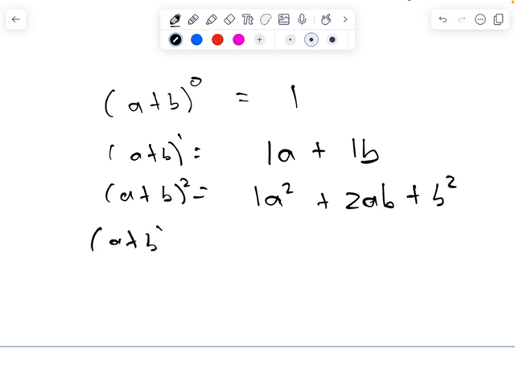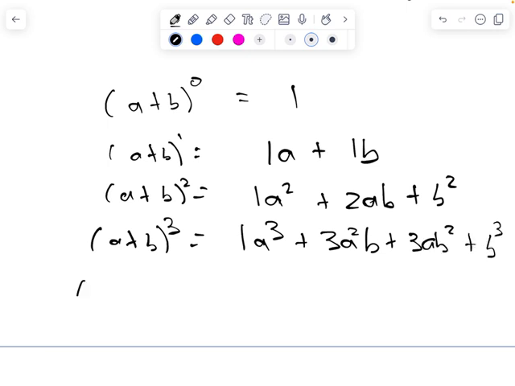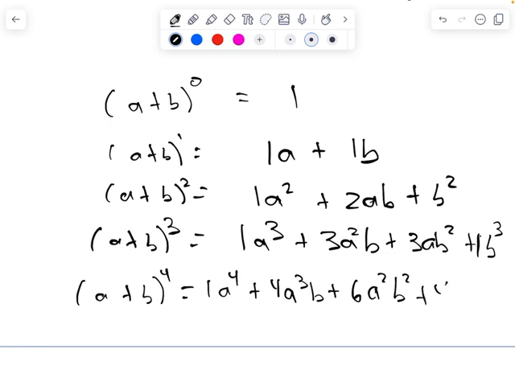A plus b cubed, as we saw, will be 1a cubed plus 3a squared b plus 3ab squared plus b cubed. And if I did the next one the long way, we would have 1a to the 4th plus 4a cubed b plus 6a squared b squared plus 4ab cubed plus b to the 4th.